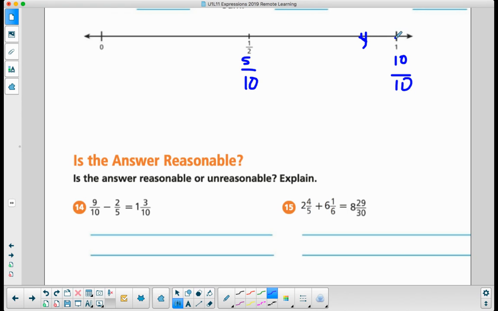Ooh, 9. That's just 1 away from 10/10. But 5, 6, 7, 8, 9. It's 1, 2, 3, 4/10 from a half.